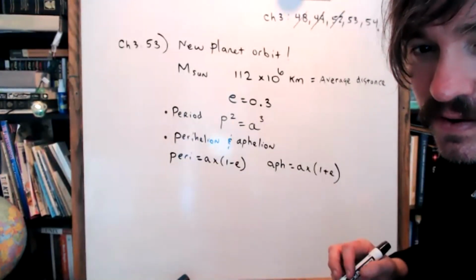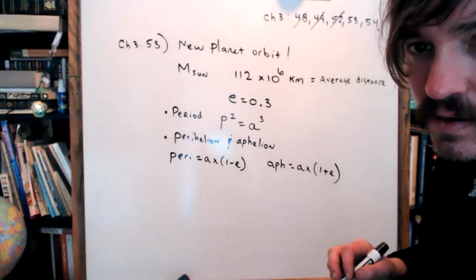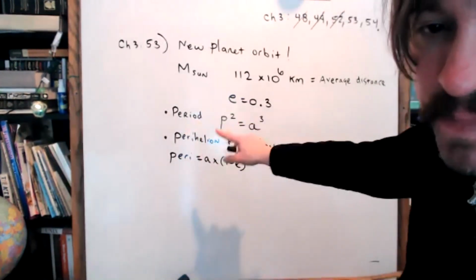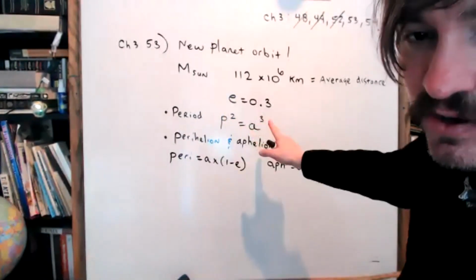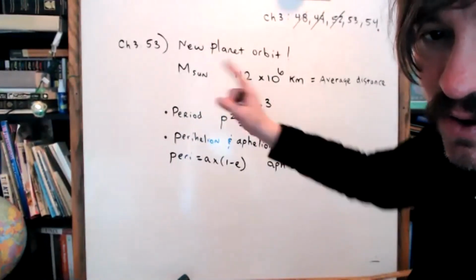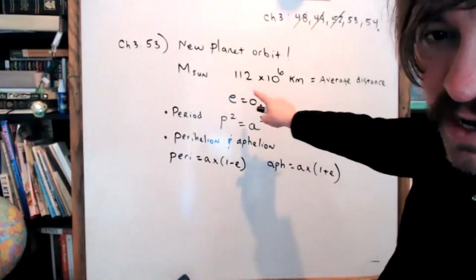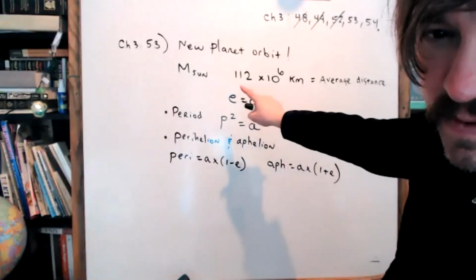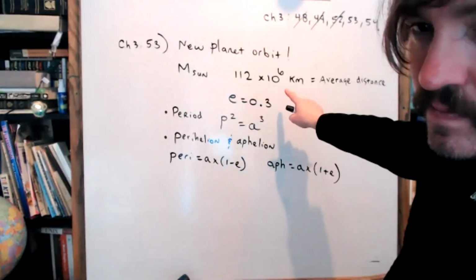112 times 10 to the 6 squared. Whoa, hold on. Right? It's P squared equals A cubed. The first thing I need you to do is to identify which letter this number corresponds to. Is that P? 112 times 10 to the 6?